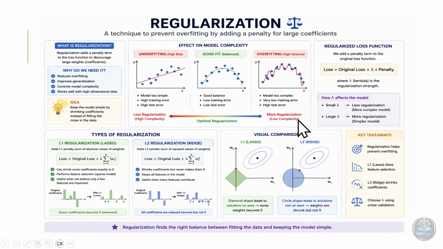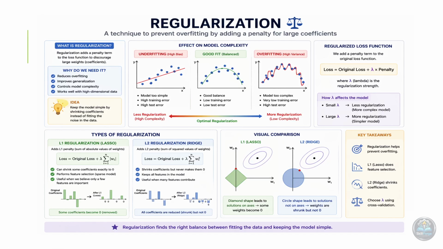So here we have a visual comparison. In L1 you can see some weights become exactly 0. Okay, and in L2 all weights are reduced but none becomes 0. Okay, so the main thing is why we use regularization: it helps to prevent overfitting, it improves generalization, and it helps to control the model's complexity.